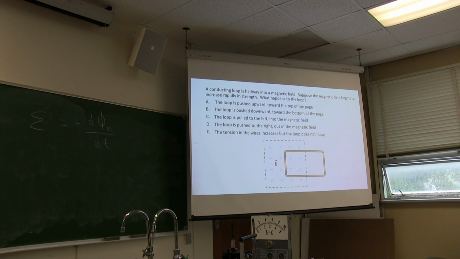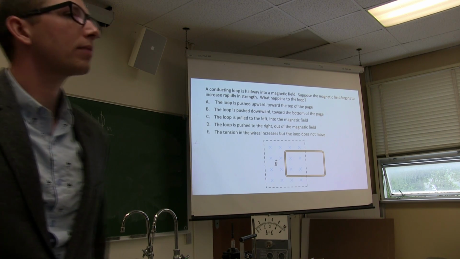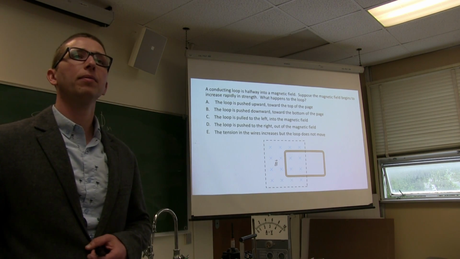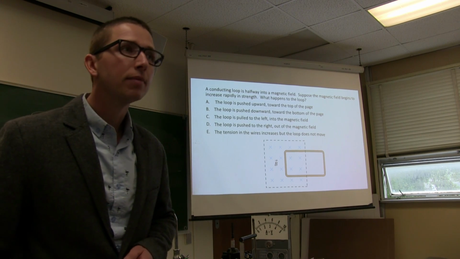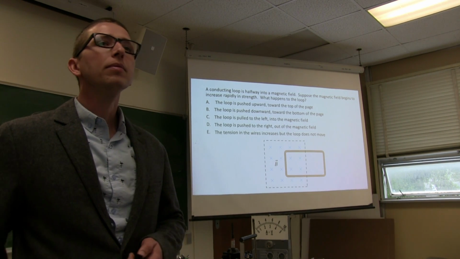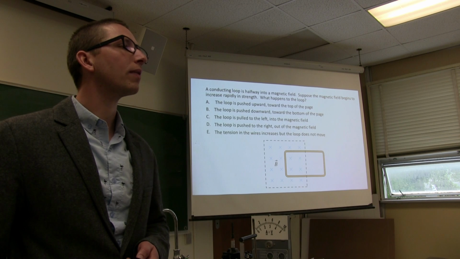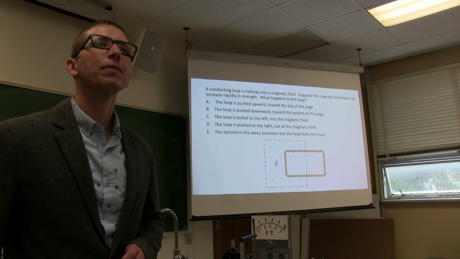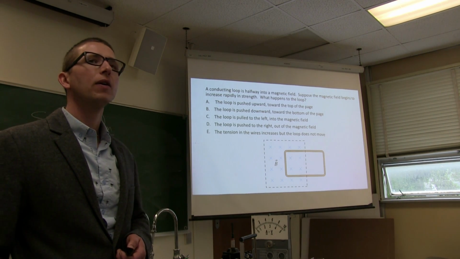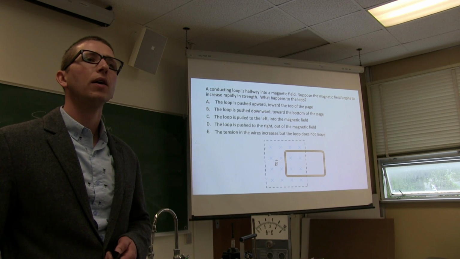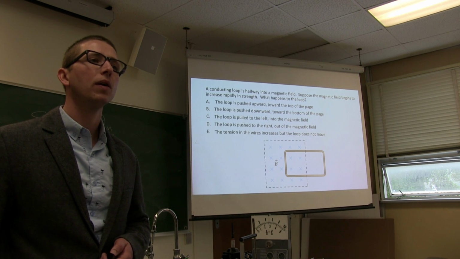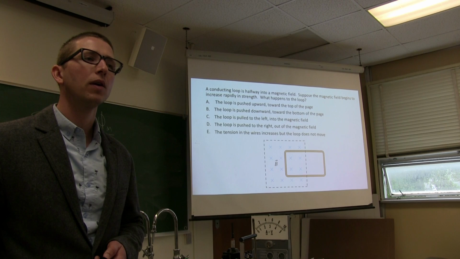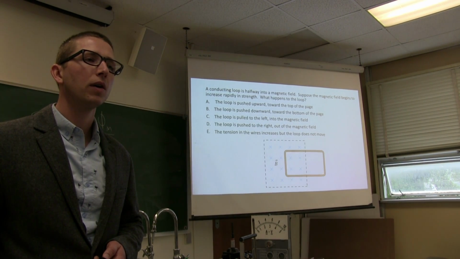Yeah, the magnetic field is going in. Yeah, the force should be going left, right? It's saying it's going up, in reference to the page. If it's being pushed, it would just go to the right. Yeah, no, indeed. It's pushed out of the magnetic field.